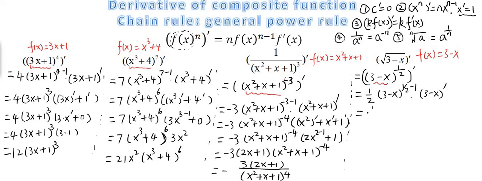Okay, and again we can simplify it, and for this guy, do the derivative for the binomial. We're gonna do the derivative for each monomial, right? And here the derivative of a constant equals 0, derivative of x equals 1, so negative 1. So we will have negative 1/2 times (3 minus x) to the power negative 1/2.